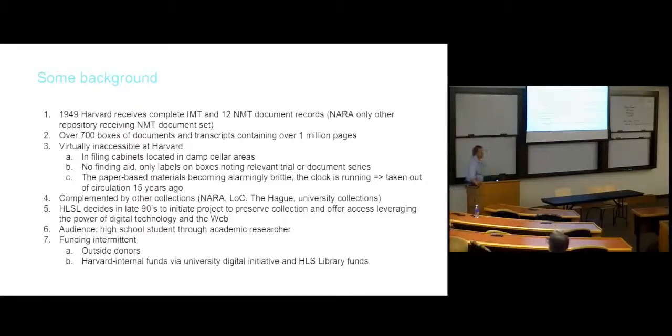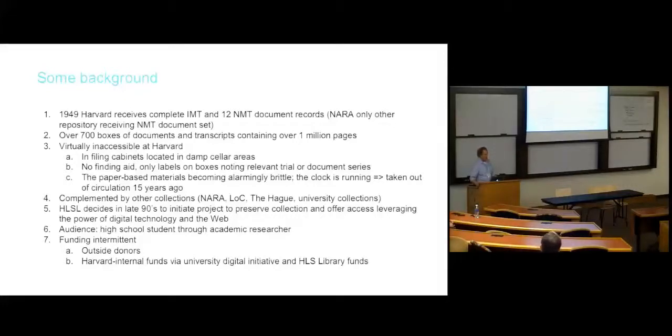The major problem with this archive at Harvard for 50 years, from 1949 when we got it, until about 1999, when the pilot project to explore the scalability of this project in a digital context began, was that they were basically inaccessible. They existed in a bunch of very poorly labeled boxes, might have had the trial written on the side that the documents inside pertained to, maybe the document series, if they were evidence file documents.